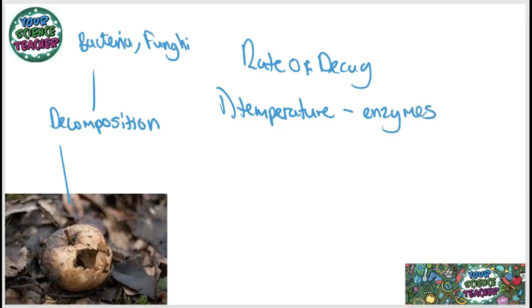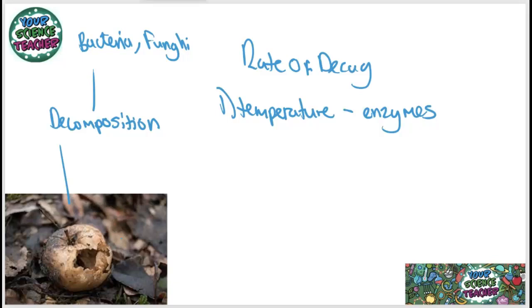It's probably going to be around 25, 26 degrees, and this is when enzymes work their best at breaking things down. Obviously, if it was too hot, then the enzymes would denature, and if it was too cold, then the decay would happen much slower.